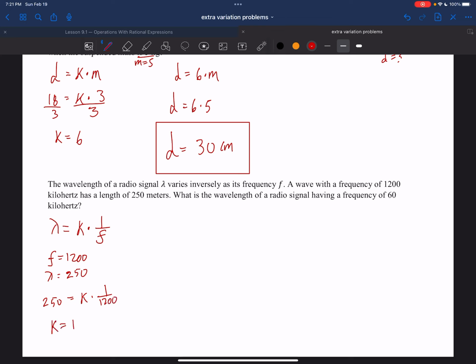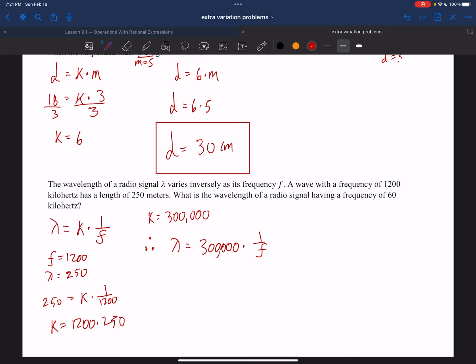So K is 1200 times 250. And what is that? I reach for my calculator because I don't want to do this in my head, even though it's really not that bad of a calculation. 300,000. Okay. K equals 300,000. Therefore, lambda equals 300,000 times 1 over f.